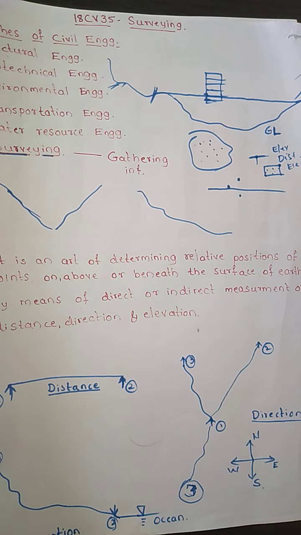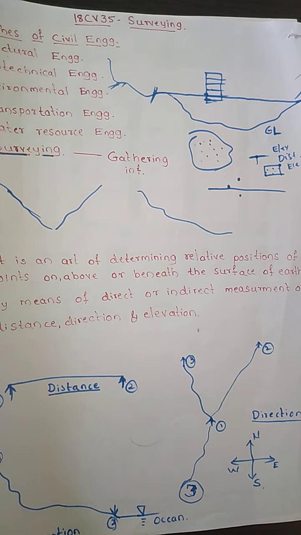The objects present on the ground, you are locating on a sheet of paper, along with additional information such as how much slope is there, what is the latitude, longitude. All these things you note down in surveying. So surveying is on a sheet of paper.